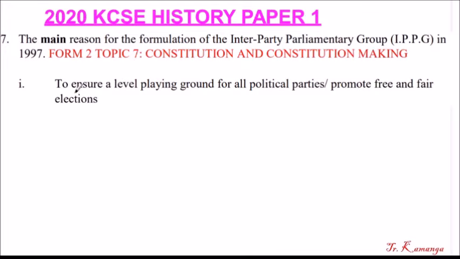So the reason was to ensure a level playing ground for all political parties or promote free and fair elections. So that was the main reason, as it was seen that KANU was overpowering the other parties. So the other opposition parties were weak.